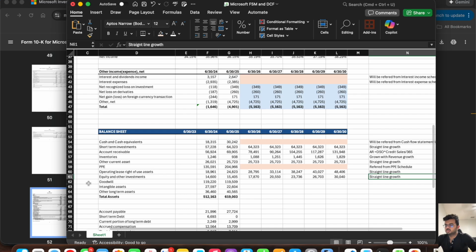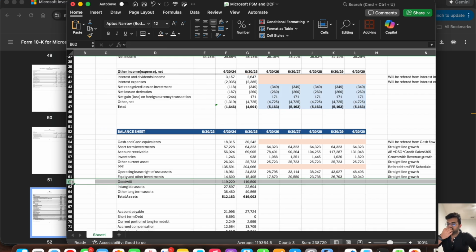Next one is goodwill. Goodwill, I think, is one of the most complicated parts. Goodwill is nothing but the amount of cash which the company could have paid in excess to purchase another company or business. For example, Microsoft purchased Activision Blizzard a couple of years ago. The market value could have been, say, $8 billion, but I think they purchased it for around 9 billion.